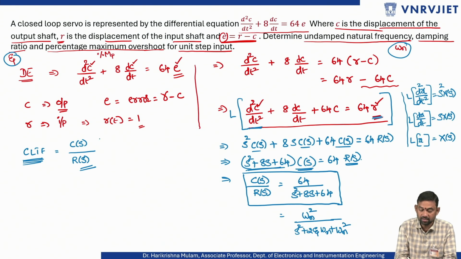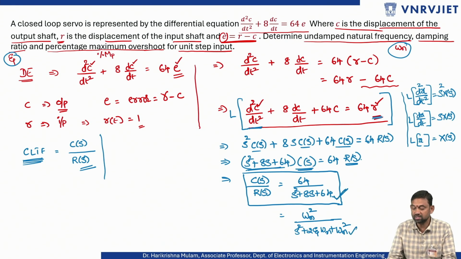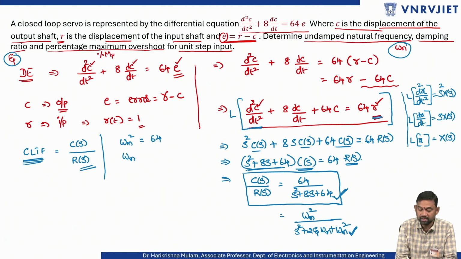So if you compare the denominator of the actual transfer function with the denominator of the standard transfer function, then you can write omega n square is equal to 64. Therefore, omega n is equal to square root of 64, which is equal to 8 radians per second.